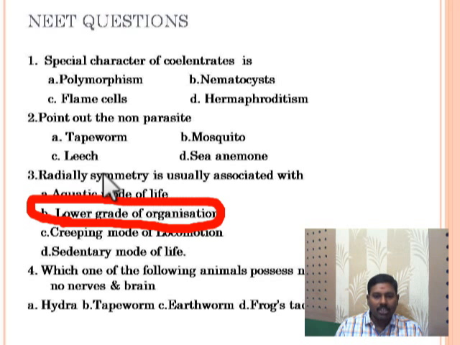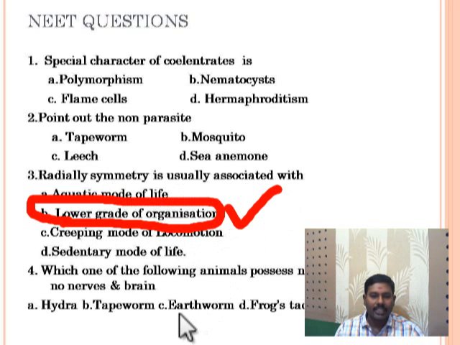After that, all animals, Platyhelminthes, Annelida, Arthropoda, Mollusca, Echinodermata, and so on, possess a higher grade of organization. For example, Porifera and coelenterates are diploblastic, radially symmetrical. The next level, Platyhelminthes, will exhibit bilateral symmetry and are also triploblastic animals. That is one step advanced from the previous one. So radial symmetry is always associated with lower grade organisms. The higher groups of organisms will exhibit bilateral symmetry.